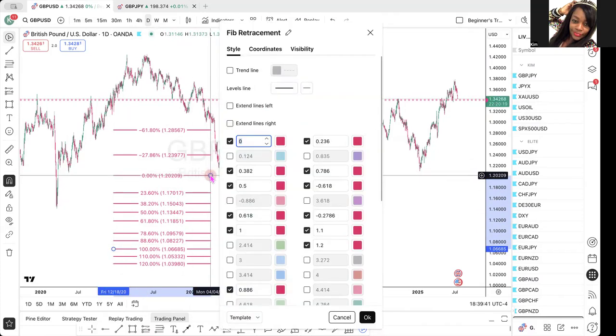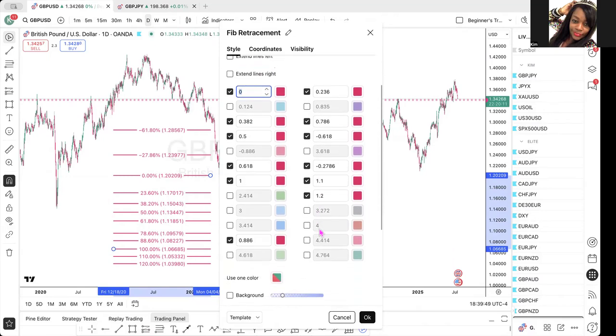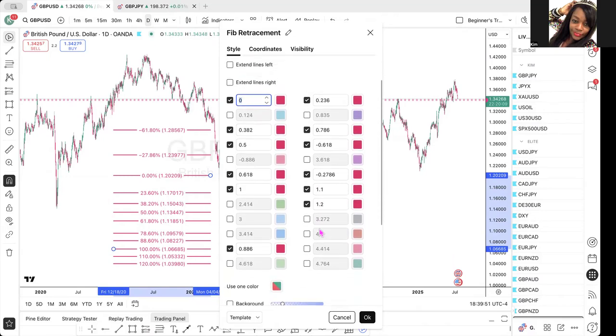First thing you want to do is double click on your fib, because you want to adjust your settings. My recommendation is to unclick everything in your settings, and then take a screenshot of these particular settings.